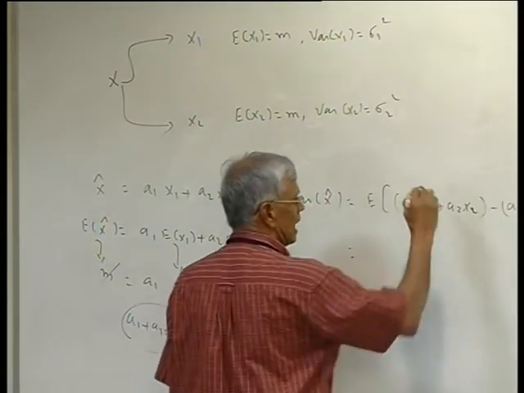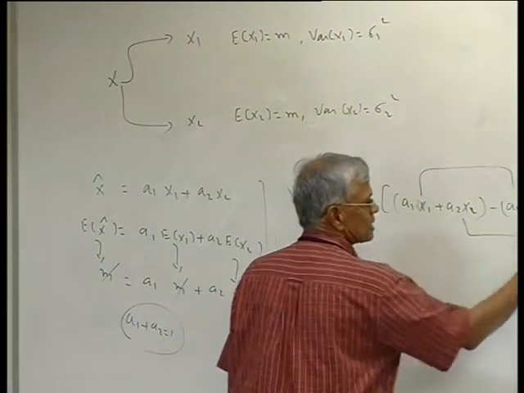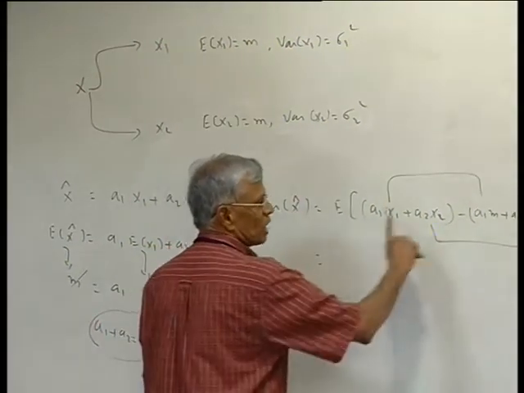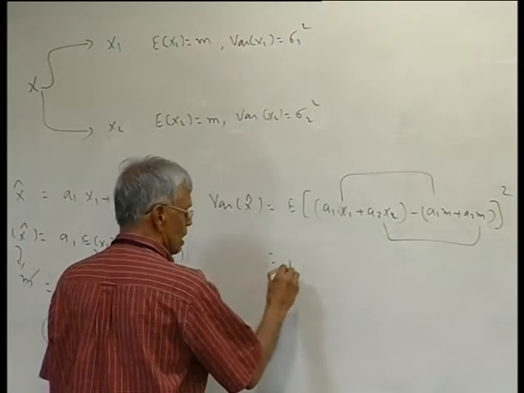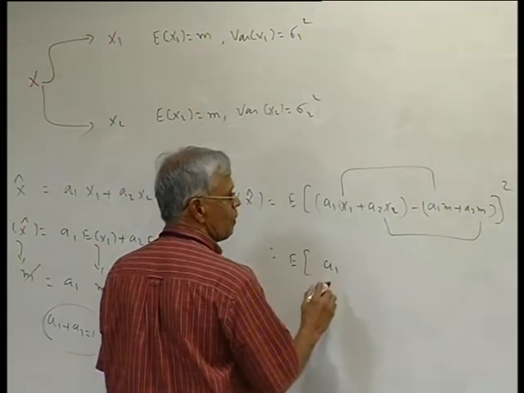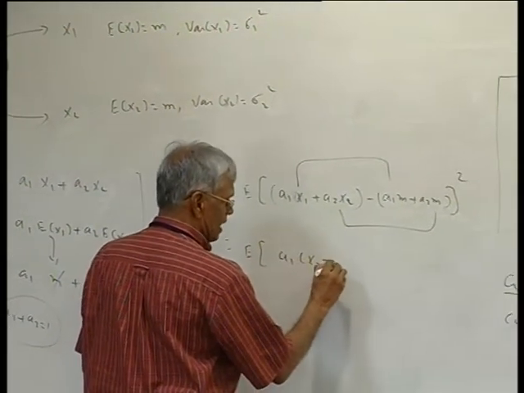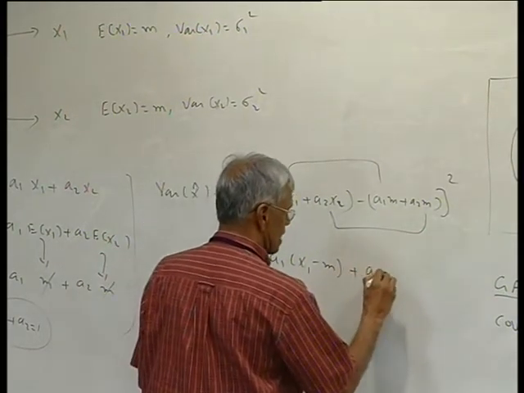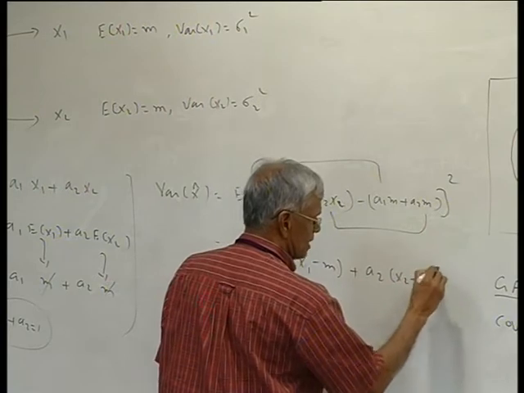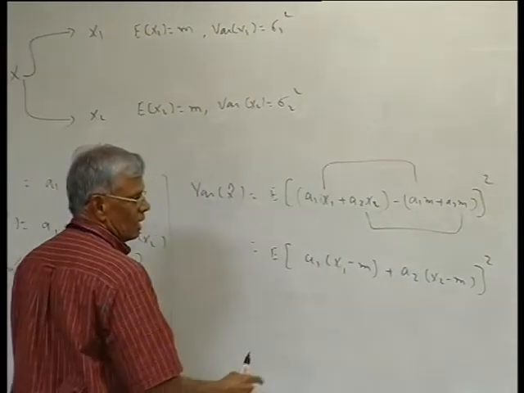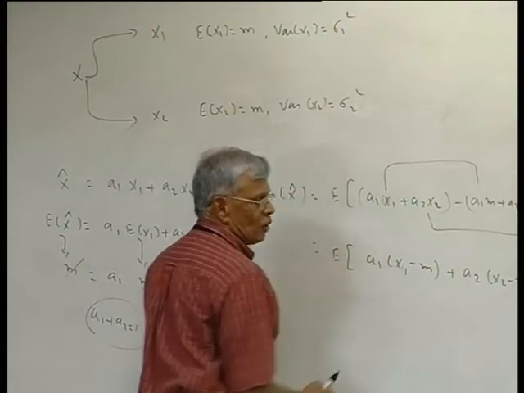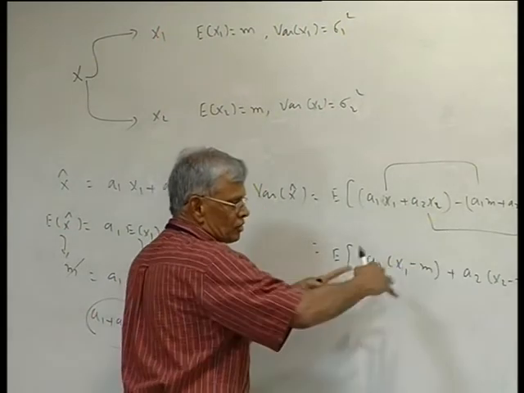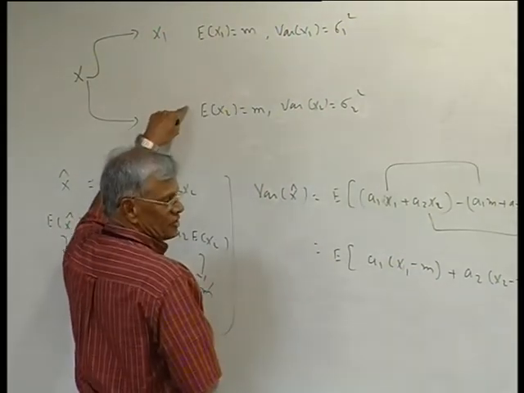I can collect these two terms. Also remember x1 and x2 are independent. So this gives rise to (A1 (x1 minus m) plus A2 (x2 minus m)) square. This is (a plus b) whole square. The cross term is 0 because I assumed independence.